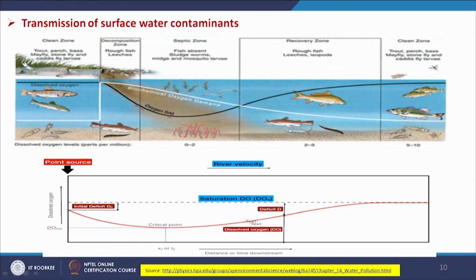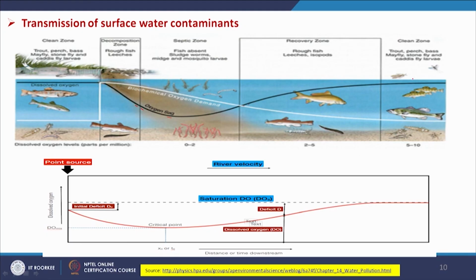Through re-aeration, oxygen from the air enters the water, and deoxygenation means the oxygen is consumed by the microorganisms to degrade the organic compounds. So, in the water two opposite phenomena go on, and gradually the consumption of oxygen by the microorganisms reduces, but the re-aeration rate remains constant. So, ultimately it reaches the saturated DO level. That we have already discussed.